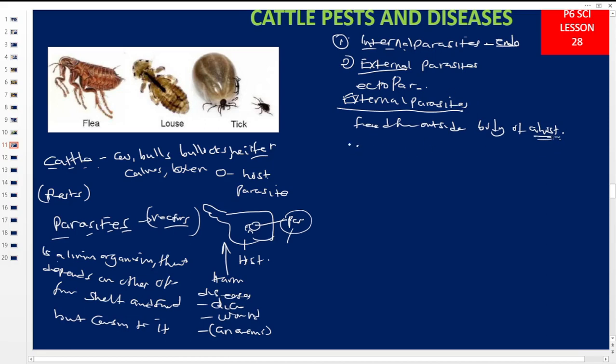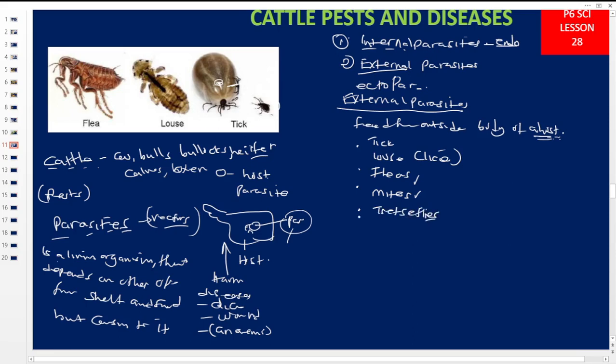Now, examples are these ones you are seeing. We have the ticks. I think you can see the tick. This one is the tick, and this is also a tick. Then we have the louse, and when they are very many, that is the lice. We have fleas, then mites, and also flies, like the sese flies.